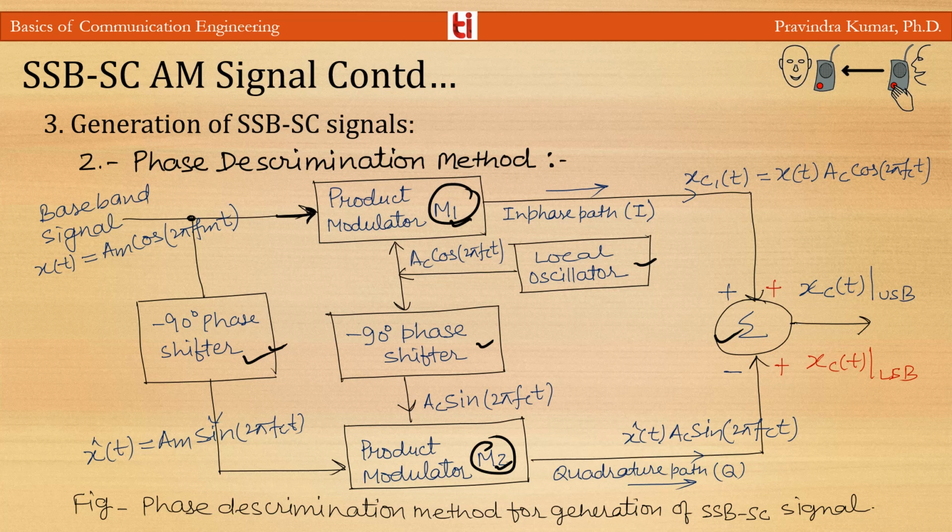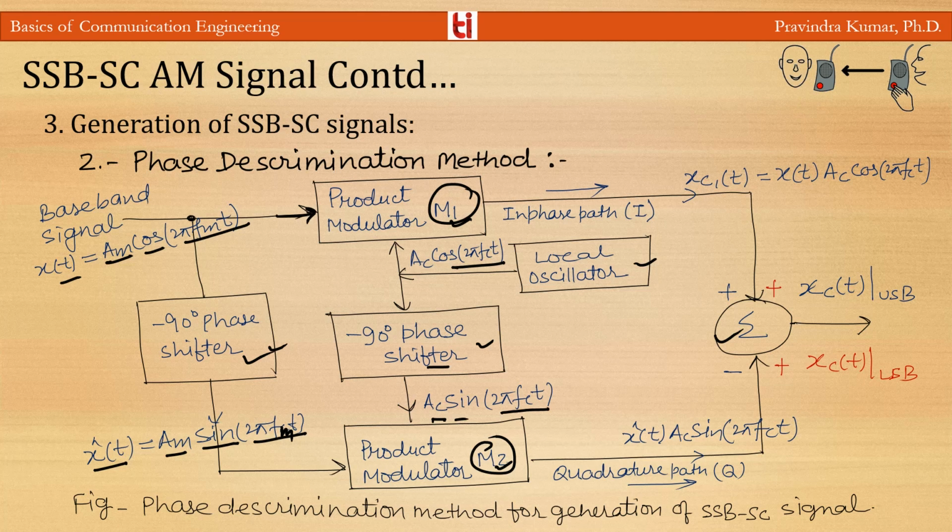Through this minus 90 degree phase shifter, the baseband signal x(t) will become its Hilbert transform x cap t. It will be Am sin 2 pi fm t, and x(t) was Am cos 2 pi fm t. The output of the carrier oscillator is applied as it is to the modulator M1, Ac cos 2 pi fc t, whereas it is passed through the minus 90 degree phase shifter and applied to the modulator M2, Ac sin 2 pi fc t.